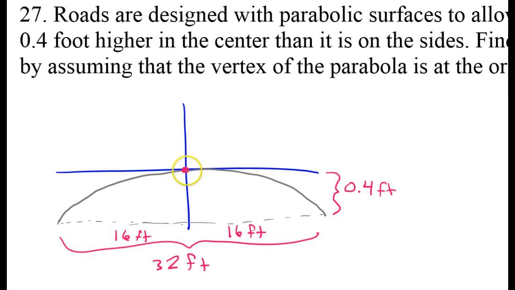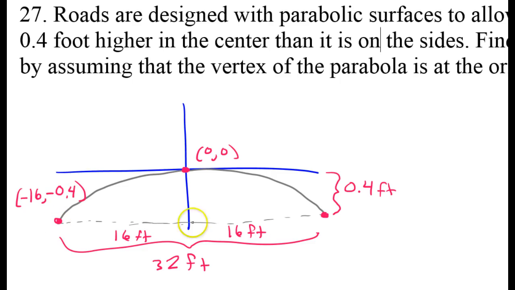Of course, we know that the vertex is (0, 0), because we were told to put the vertex at the origin. But we also know the coordinates of these 2 points on the edges of the road. Because this point is 16 feet to the left of the center, so this is negative 16, comma, and it's 0.4 down, so that's negative 0.4.